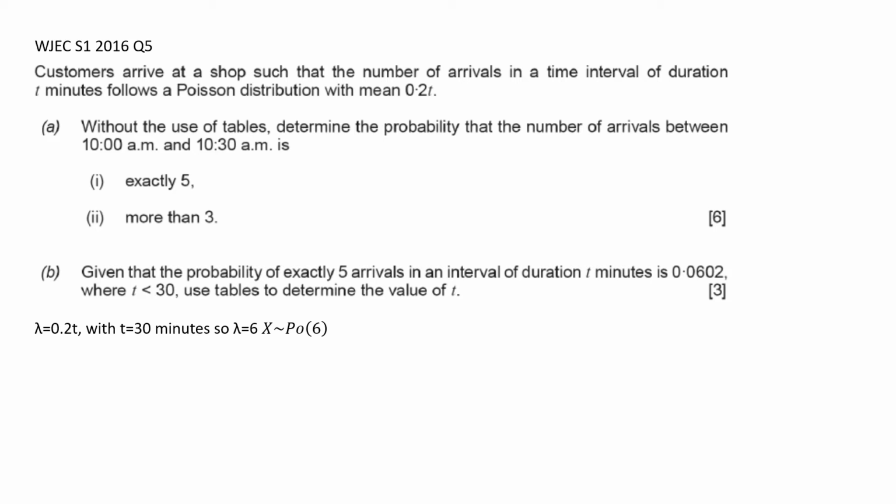So lambda is 0.2t, t is 30 from the question, so 0.2 times 30 will give me 6. So I'm stating that x is a Poisson distribution. Now you can either use Po for Poisson or P. I don't use P because of course then there's confusion with probability, with parameter 6. So it's a Poisson distribution, parameter 6.